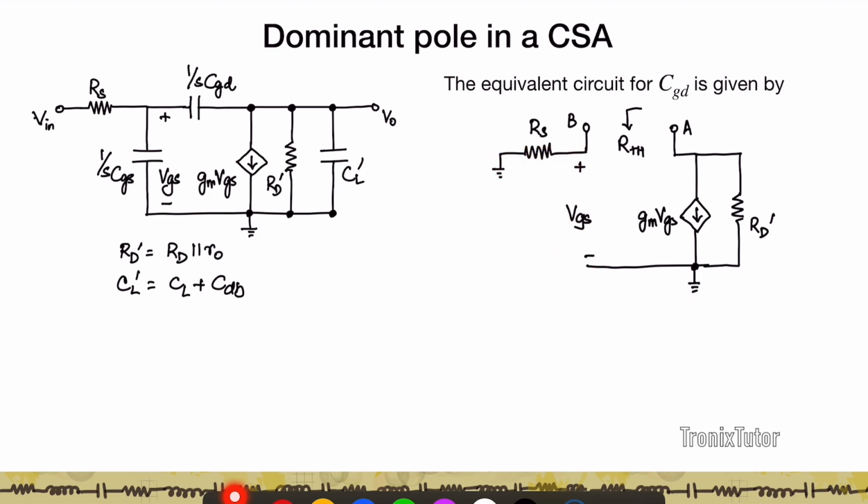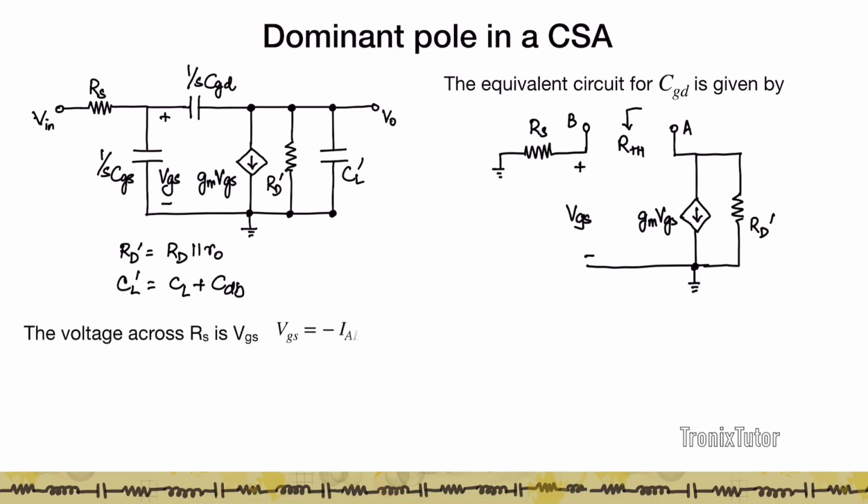I just want to be careful, because the way you find a Thevenin resistance is you apply a voltage across AB, and you measure the current flowing from A to B. And then VAB by IAB is going to give you the Thevenin resistance. So let's look at the voltage across Rs. If I have IAB flowing through this, IAB is going to divide itself across gm·VGS and RD prime, flow through ground, and then come up from ground through Rs back to B. Right?